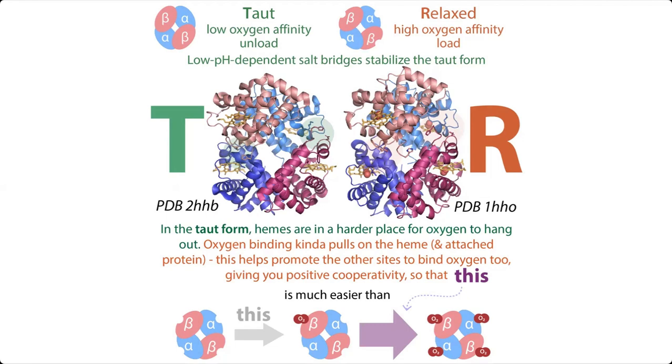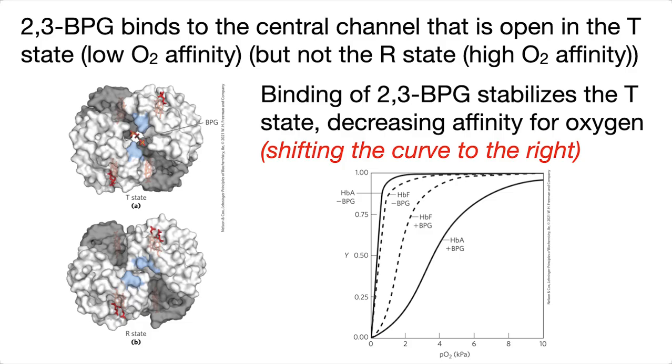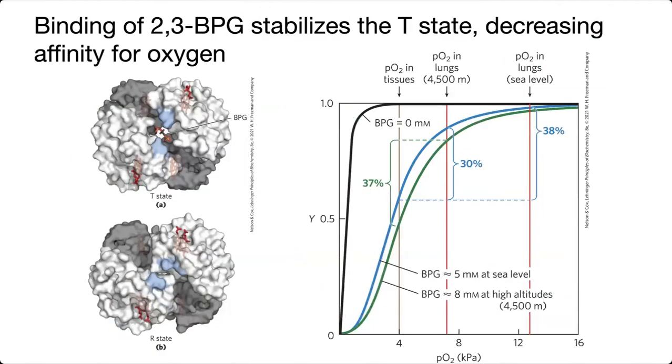Binding of 2,3-BPG to that central channel makes it so that the hemoglobin is stabilized in the T state, that oxygen offloaded state, and it's going to be harder for it to pick up oxygen. Whether or not it picks up oxygen then depends on how much oxygen is around as well, which is why even if you had similar levels of 2,3-BPG, the amount of oxygen that's actually present is going to make a difference.